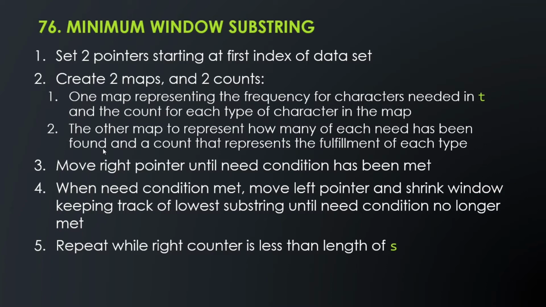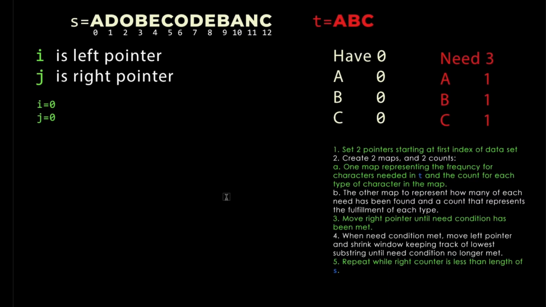Once that has been met, we move the left pointer and we shrink the window, and we keep track of the lowest substring during this shrinking until the need condition is no longer met. And then we'll just repeat from step 1 while the right counter is less than the length of S.